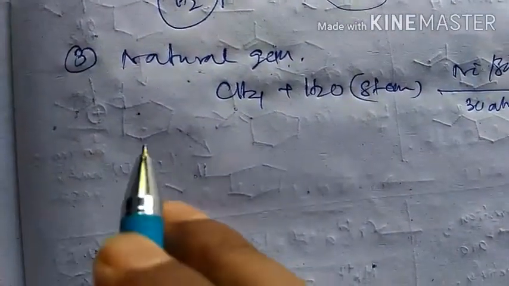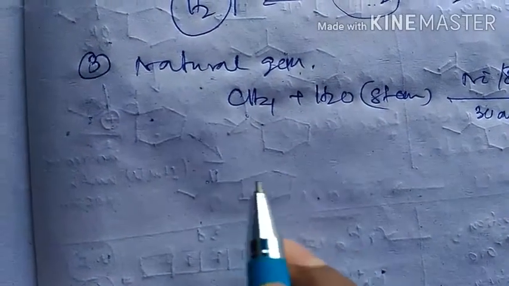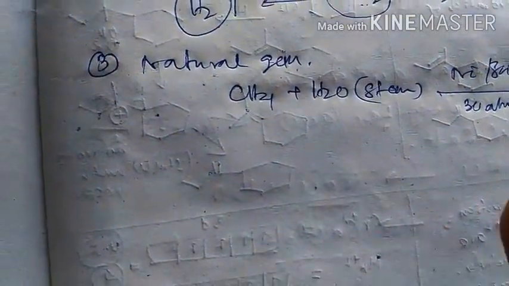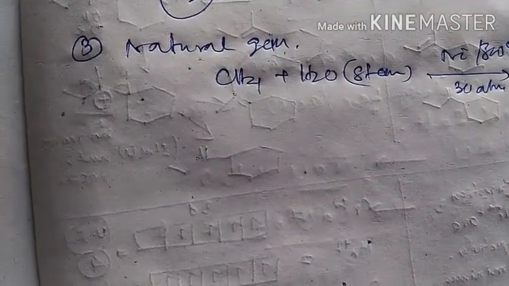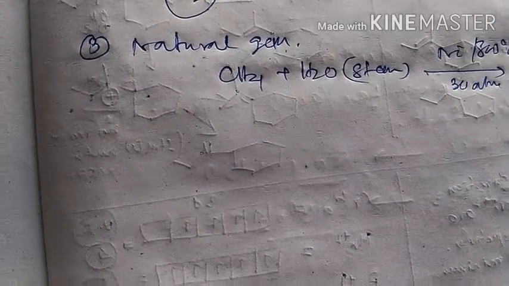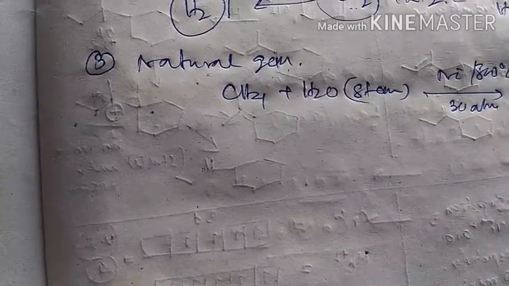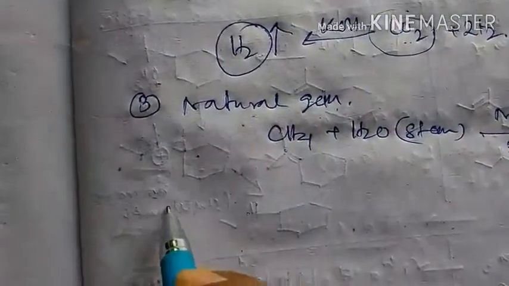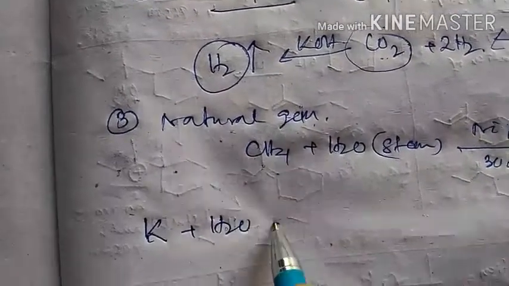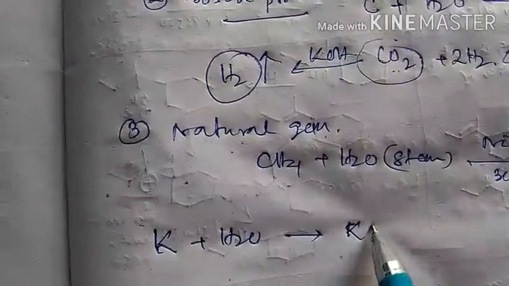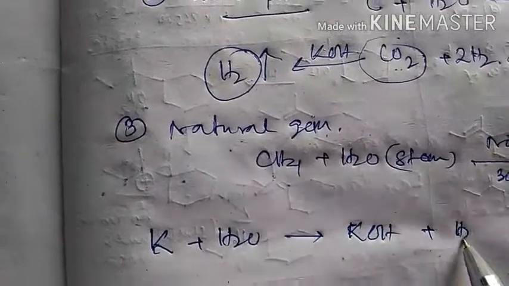Now there are some other methods also for the reaction with water. Since water, acid and alkalis contain hydrogen, they form the cheapest raw materials for the manufacture of hydrogen. Actually these are not methods applied for laboratory preparation. Potassium reacts with water to form potassium hydroxide and hydrogen.